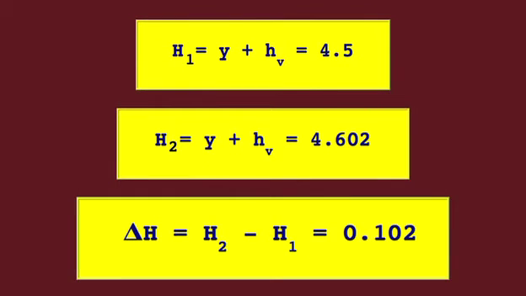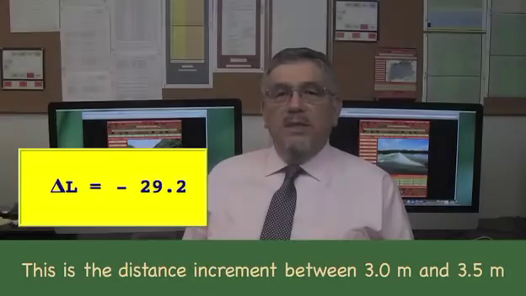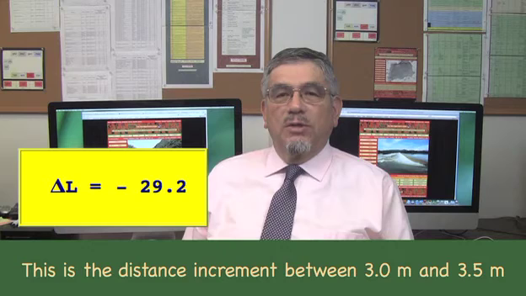Returning to our example, the specific head difference is the distance increment delta L is This is the distance increment between the depths of 3 meters and 3.5 meters.